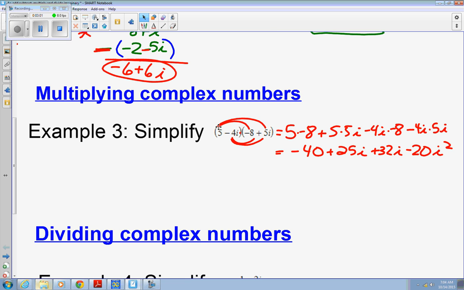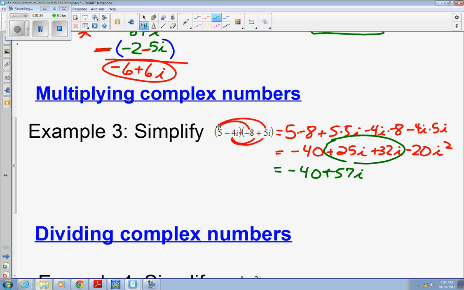Let's simplify this. You have -40. You have like terms here. Put the like terms together. We're adding these together, so that's positive, so plus 57i.